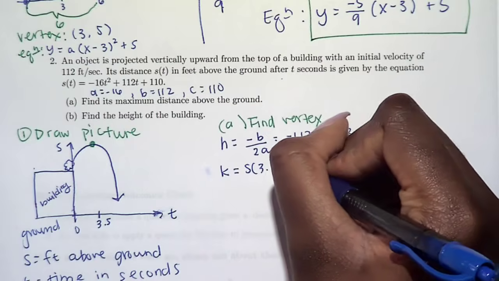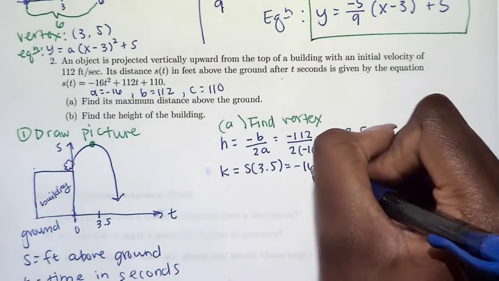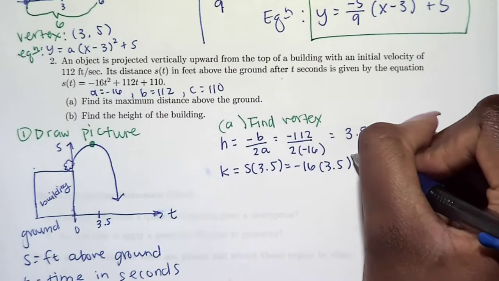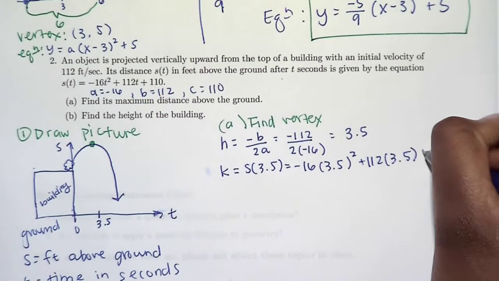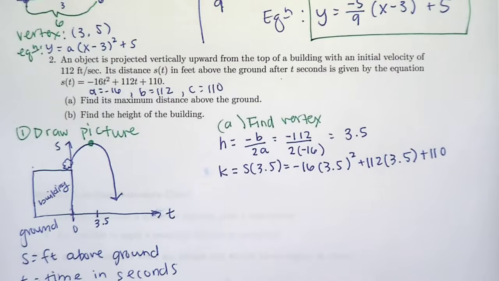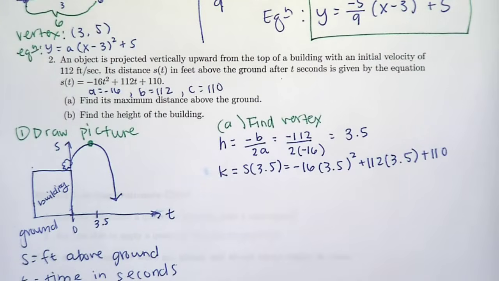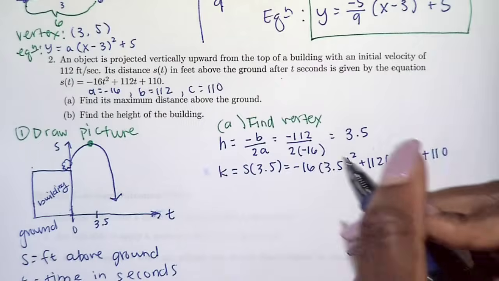S of 3.5. Right, so we just plug in that h into our function and we'll have the other part of our vertex that tells us the height.